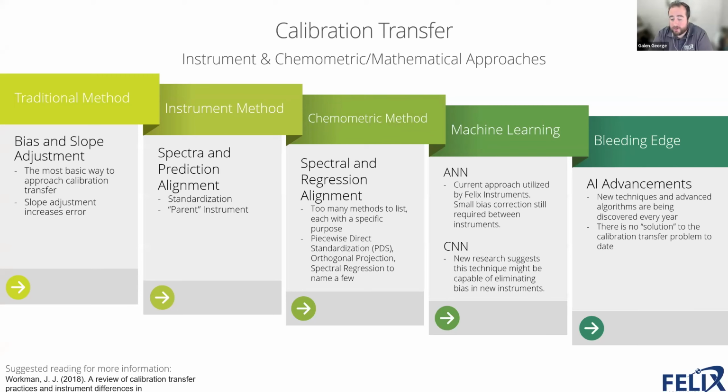And we'll continue to obviously research the convolutional neural networks and see what other improvements they might provide us. And then at the bleeding edge, we have even more advanced AI techniques that are always being discovered every year. These are things we just have to continuously investigate to see if they will help us minimize the calibration transfer problem.